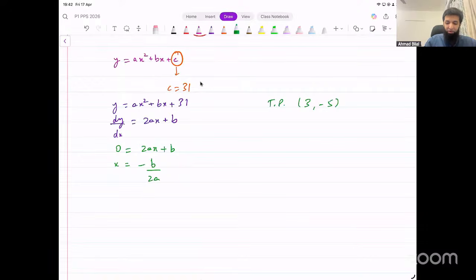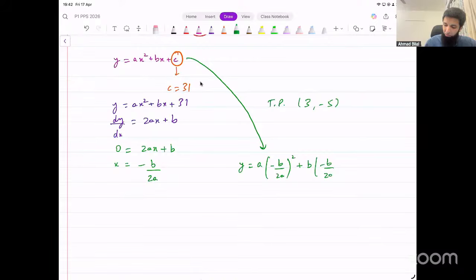Now this is the x coordinate. This should equal 3. That gives you one equation. You input this value back in the function, and that will give you the corresponding y coordinate. Let's see what that turns out to be. If I were to input this value there now, you get y equals a into minus b over 2a whole squared plus b into minus b over 2a plus 31.